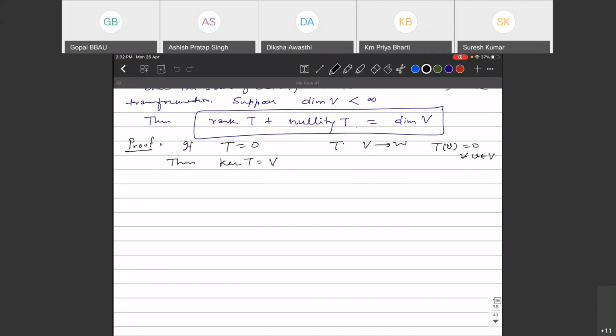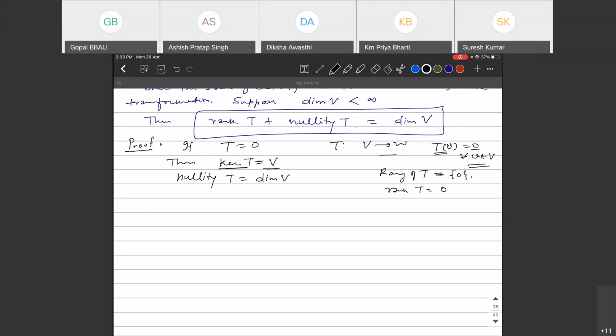Did everyone understand why it is so? Because TV equals 0 for all V in V, so kernel T equals V. What is the nullity of T? Since the kernel is a subspace and it is the same as V, this is the dimension of V. From here, what is the range of T? Range of T is 0. This means rank T is 0. So in this case, there is nothing to prove.